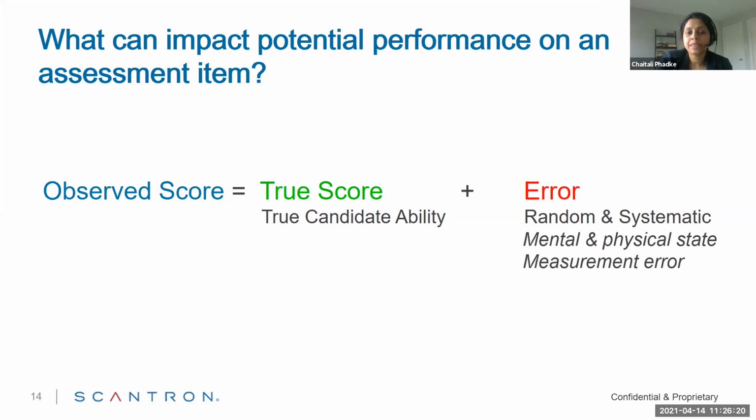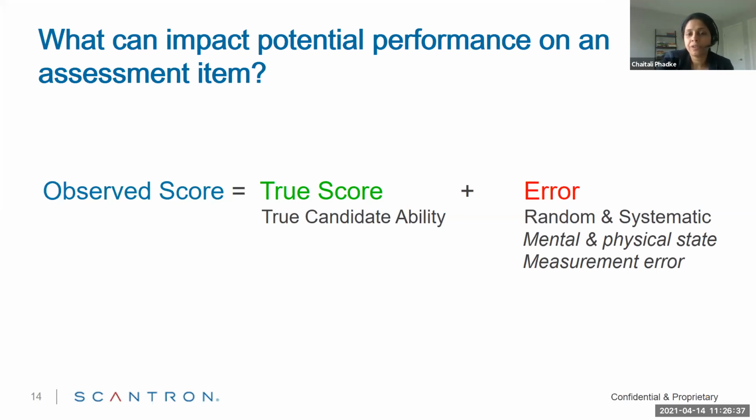Well, error can be systematic or random, and it resides in a lot of factors. Random error typically occurs during one administration. So some examples of random error may be guessing or misreading a question.